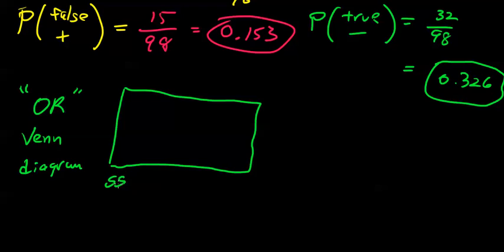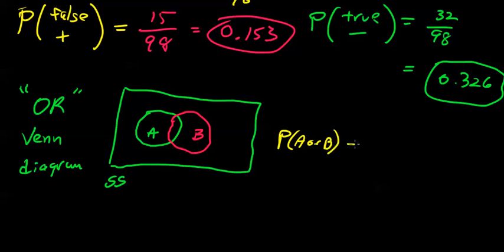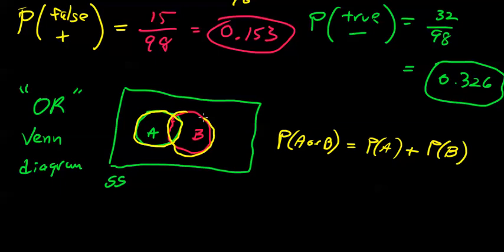If this rectangle represents our sample space, our entire universe of available events, and let's say A is some subset of the sample space, and B another event, another subspace of the sample space, I claim the probability of A or B is the probability of A, which we can interpret as the area of this circle in the Venn diagram, plus the probability of B, which we can again interpret as the area of this B circle.